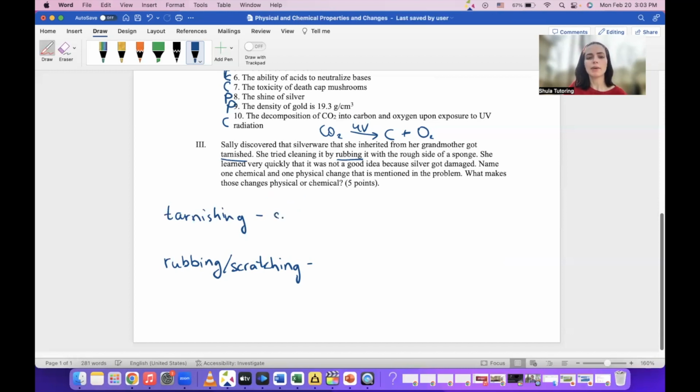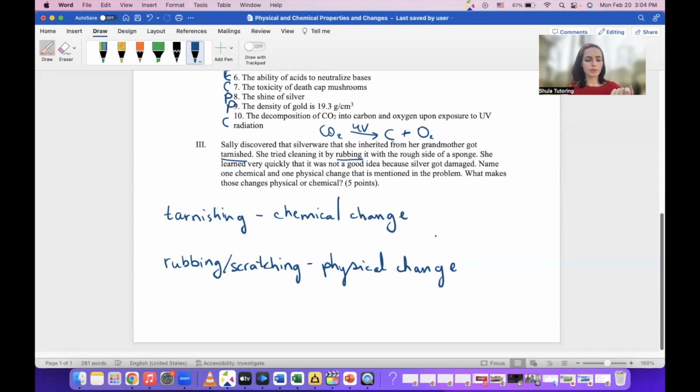Tarnishing is a chemical change because during tarnishing, silver will combine with sulfur containing molecules in the air, and this thin layer of corrosion, similar to rust, will form. So this is a chemical change because there is a chemical reaction that happens. Rubbing or scratching is a physical change because it doesn't change the nature of that substance.